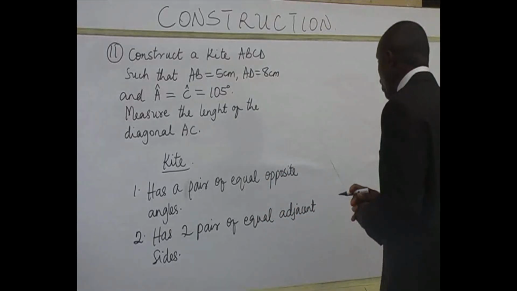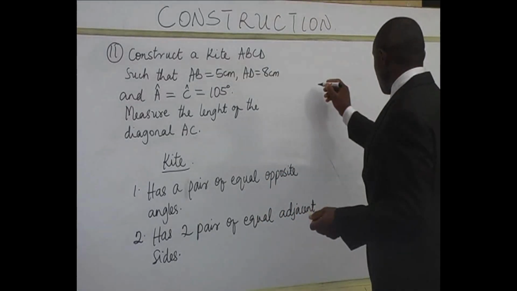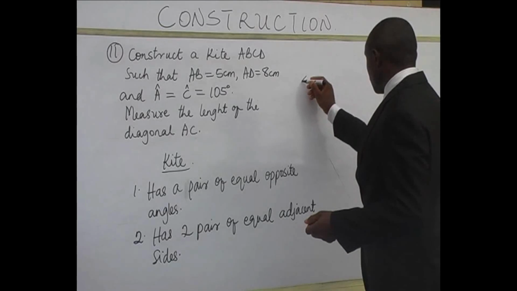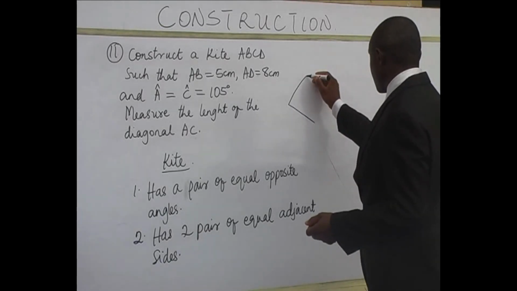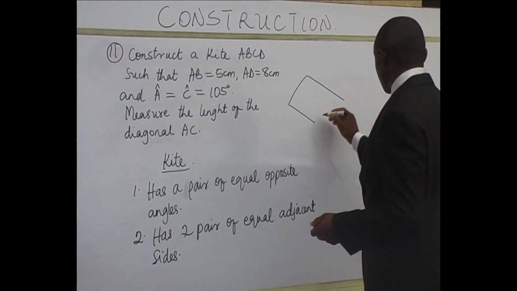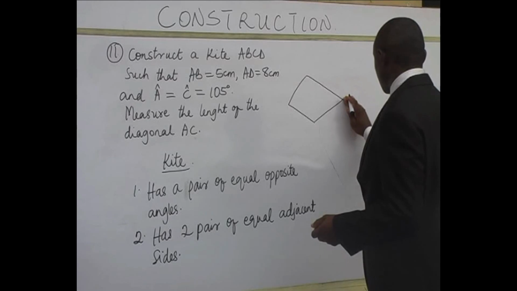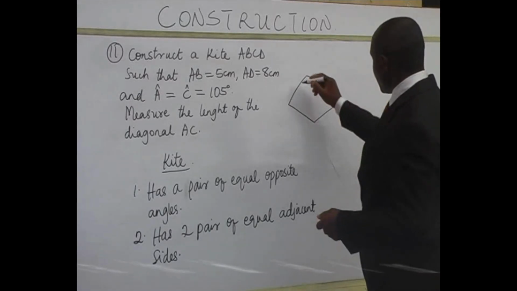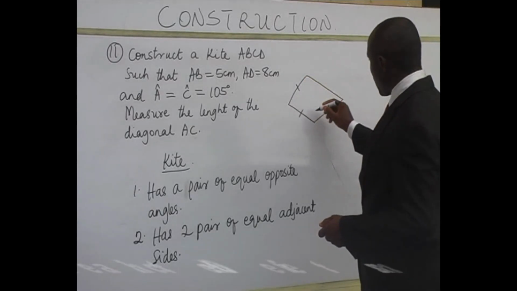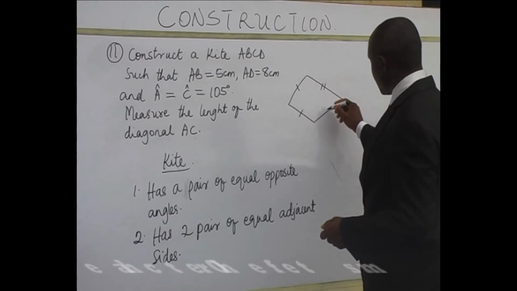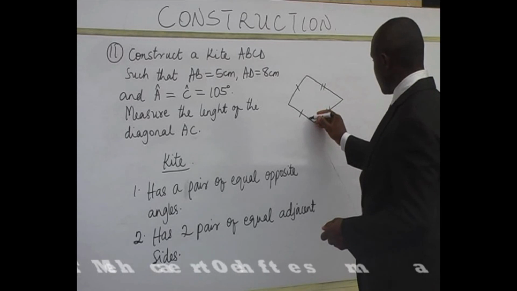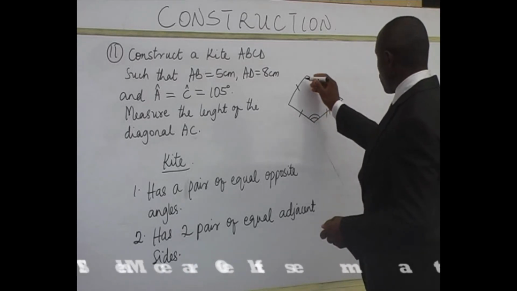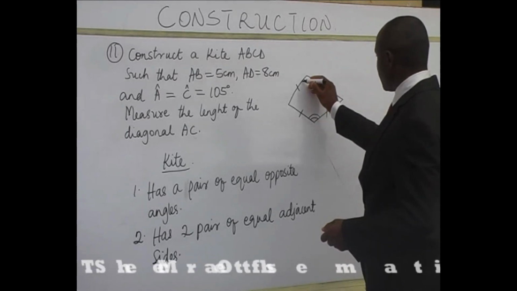So the kite we are talking of has this shape. Something like this. You can see this side and this side are equal. This side and this side are equal. This angle is equal to this angle.